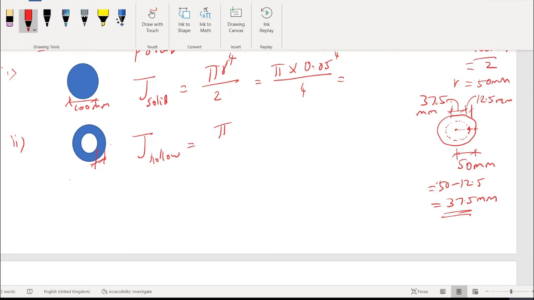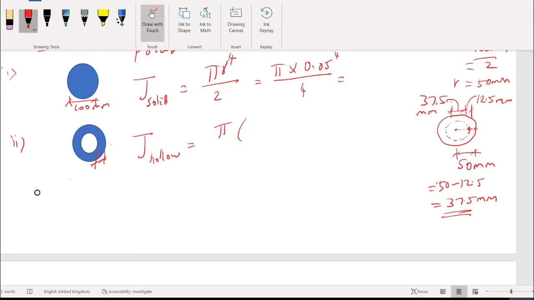Pi r power 4. My r is like this. Pi r power 4. We need to find out the shear stress and polar moment of inertia. The main r is 0.05 minus the inner r power 4, or if you want I can write the formula first.